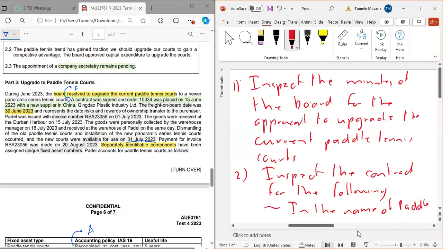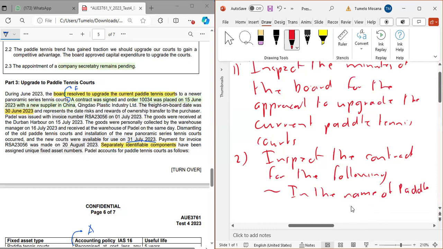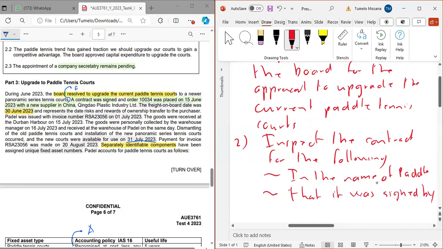And the fact that they are telling us that it was signed, you would also inspect the contract for the following: that it was signed by Pedal.